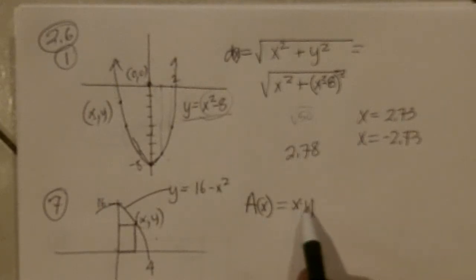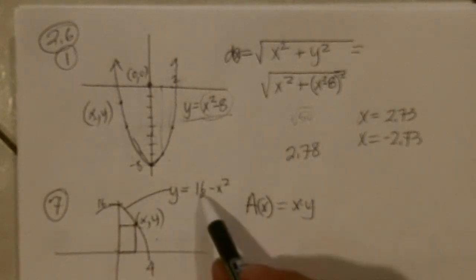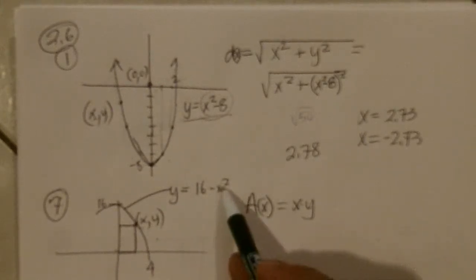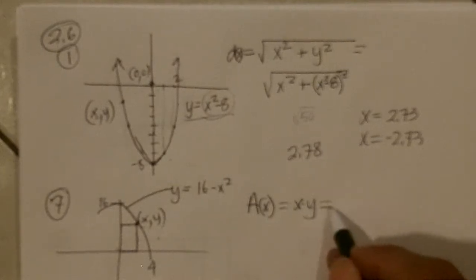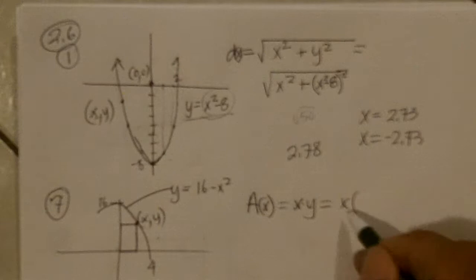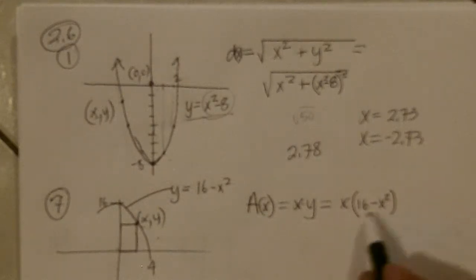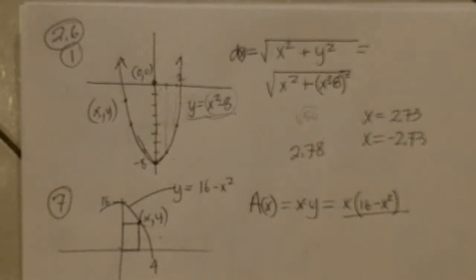But that's not a function of just x. But for any point on the curve, the y coordinate has to be 16 minus x squared. So leave that x there, and replace the y with 16 minus x squared, and that's the area of that rectangle.